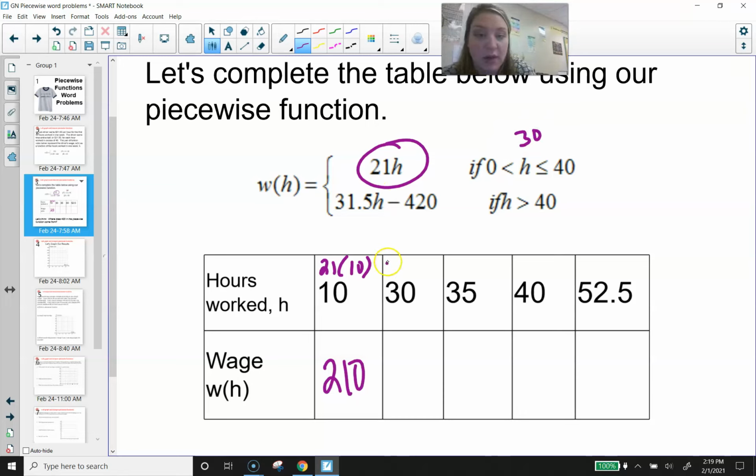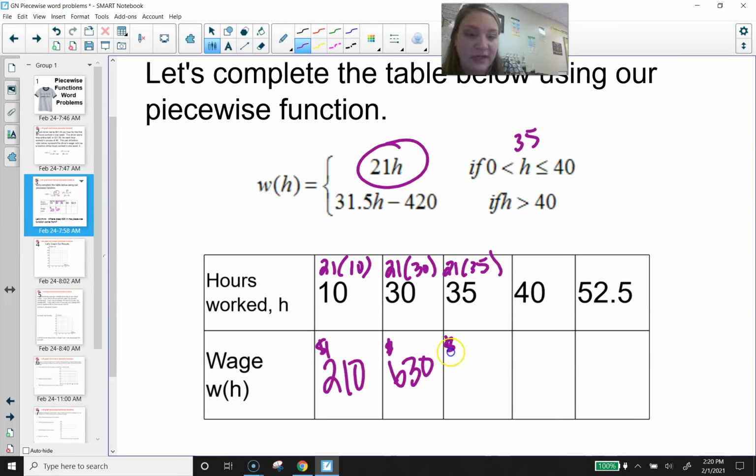So I'm going to do 21 times 30, and that gives me $630 for the week. 35 is also between 0 and 40, so we're going to do 21 times 35, which gives me $735.